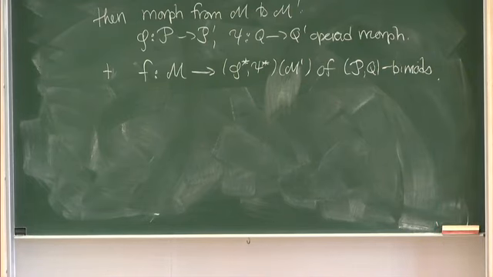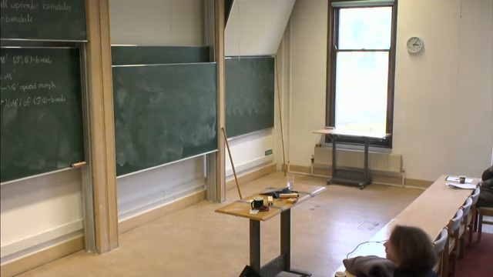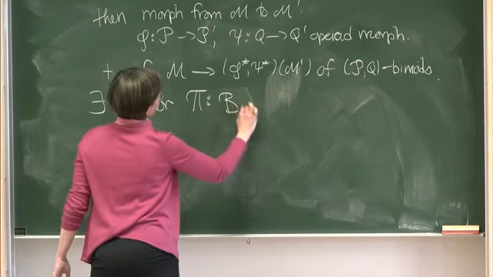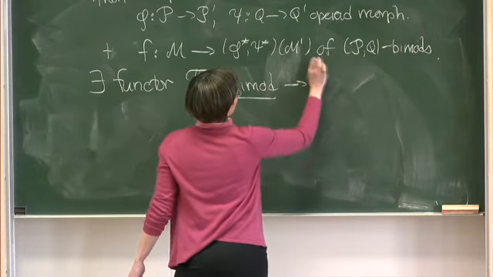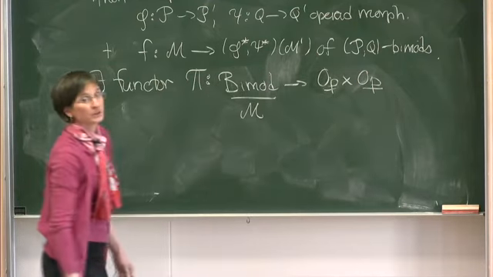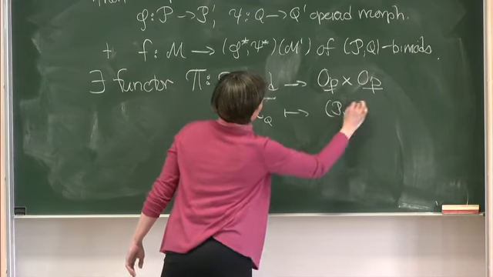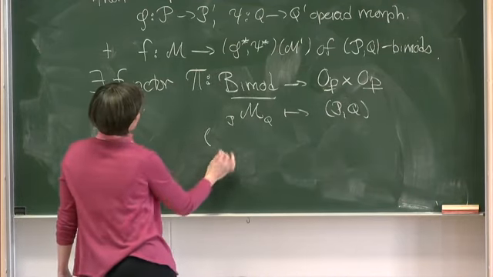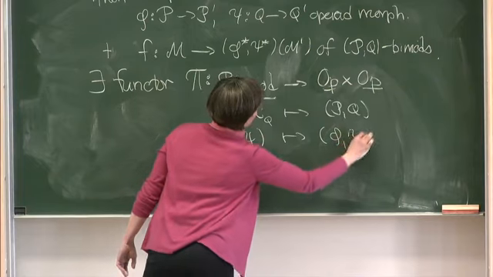Now there's an obvious functor from the category of bimodules to the category of operads cross operads, pi. From this category of bimodules to operads cross operads, that of course just takes a PQ bimodule, you write it like this, to PQ, and then it's going to take the triple F, phi, psi to phi, psi.